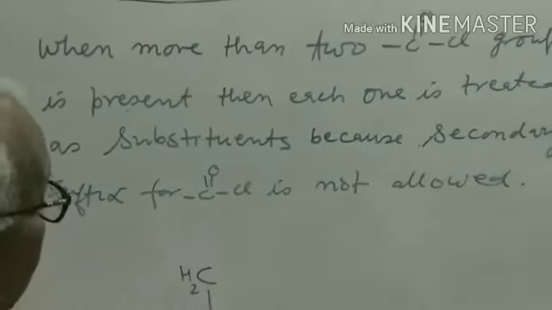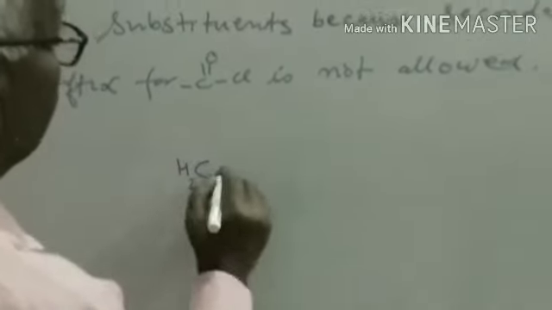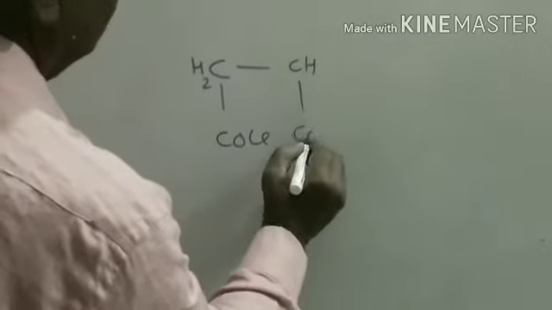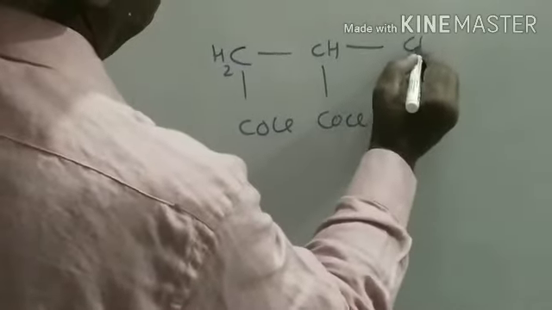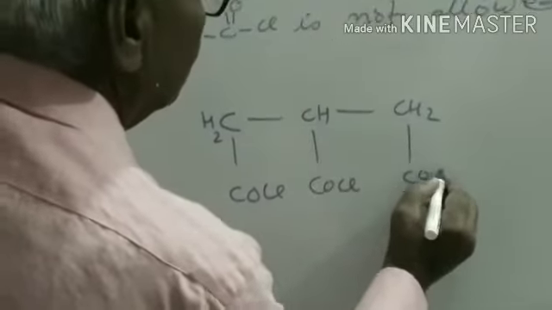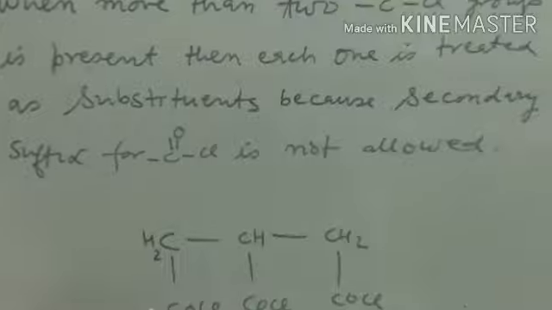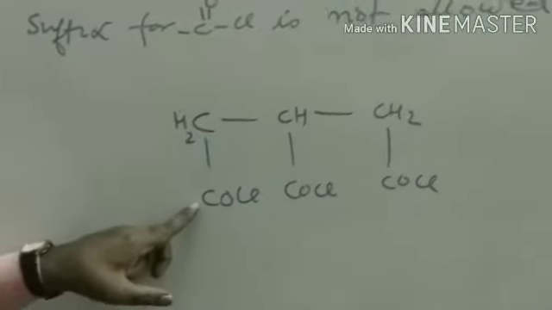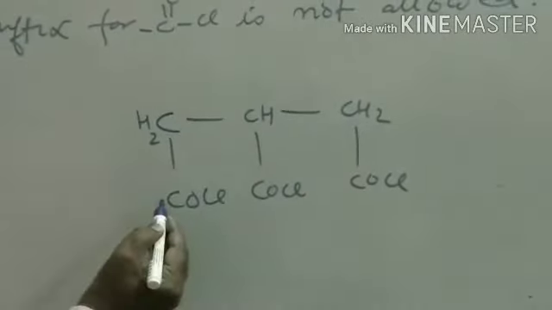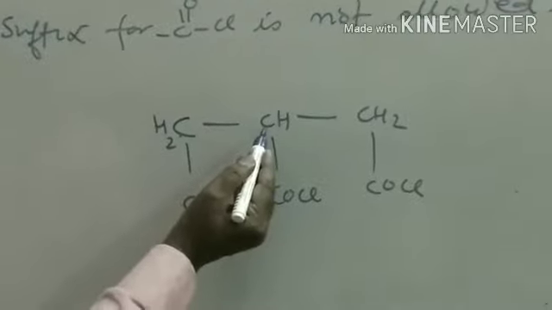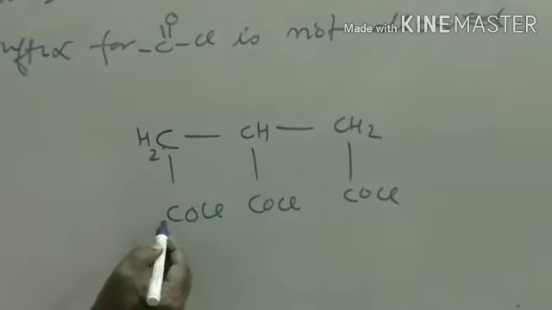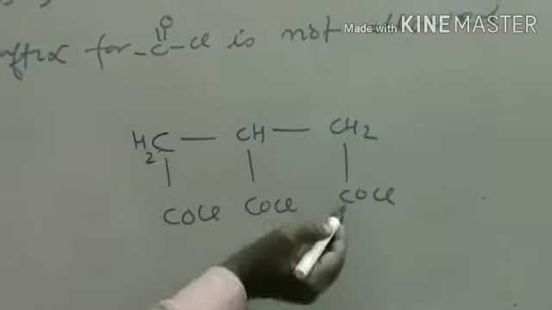CH2COCl, CHCOCl, CH2COCl. Why is a secondary suffix not allowed? See, if I consider this as the functional group, so I will number 1, 2, 3, 4 or 1, 2, 3, 4, 5.